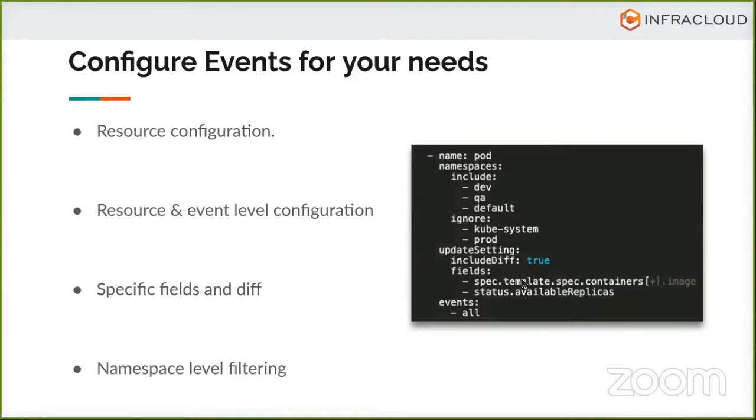So I'll just use JSON path syntax here to specify the field I want included in the diff, which will be sent along with the update notification. Like this, BotKube can be configured to get notifications about only the resources you are interested in, even only about the fields you are interested in.